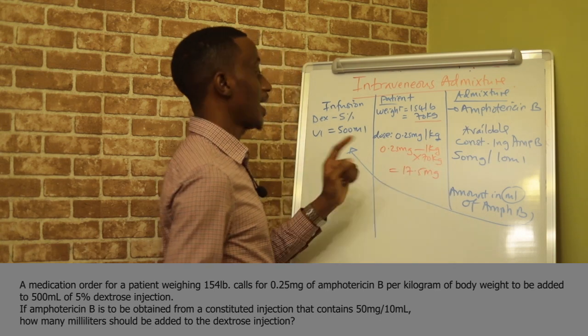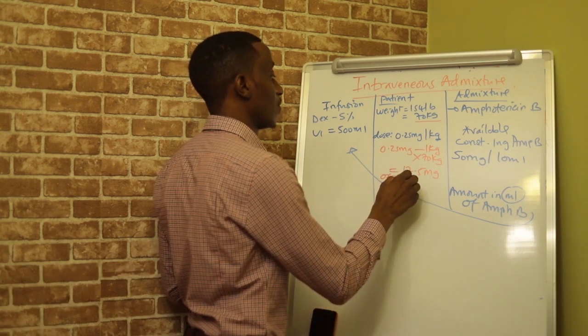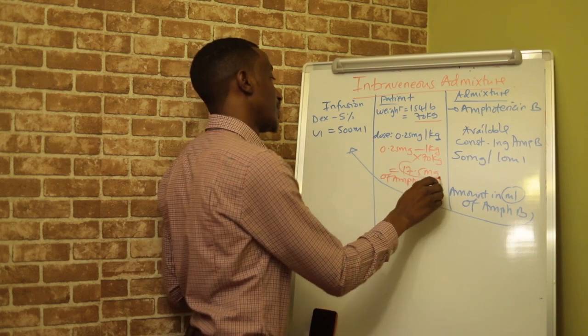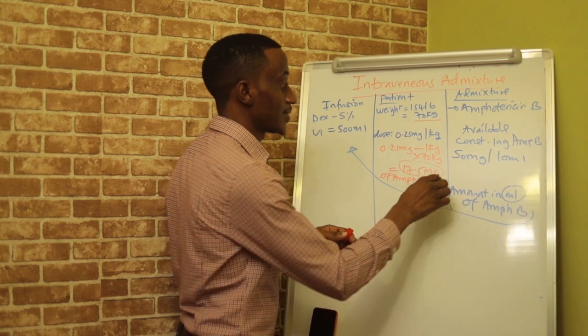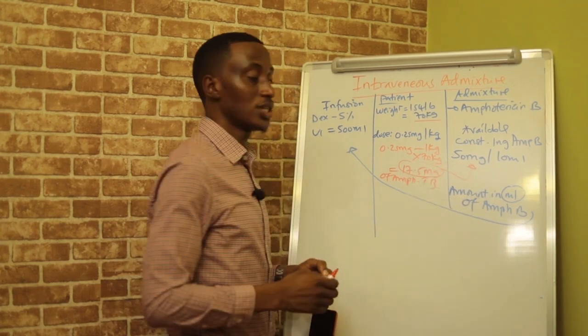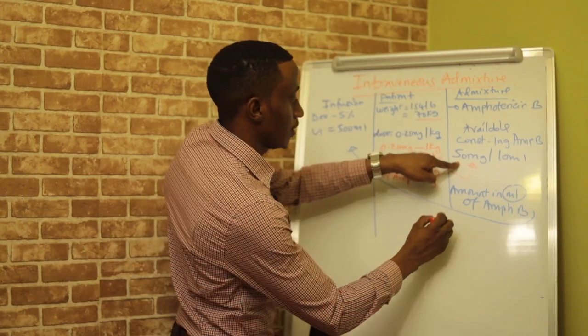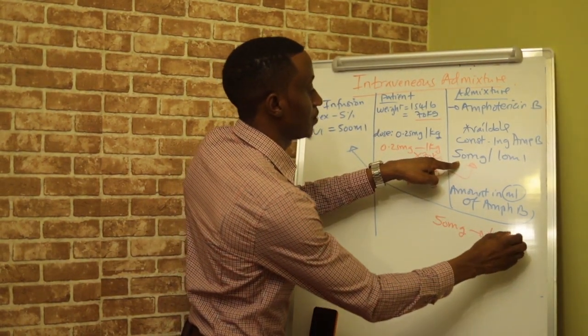So this patient has to use 17.5 milligrams of amphotericin B. But how do we get 17.5 milligrams? It is from this constituted injection which is available. In this concentration, 50 milligrams are contained in 10 ml.